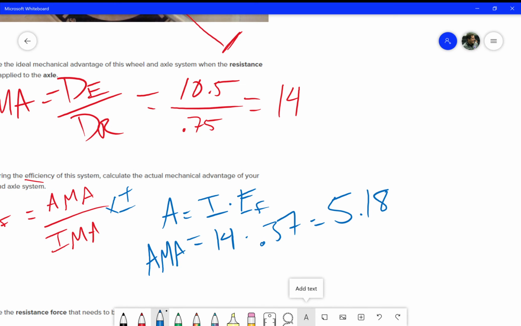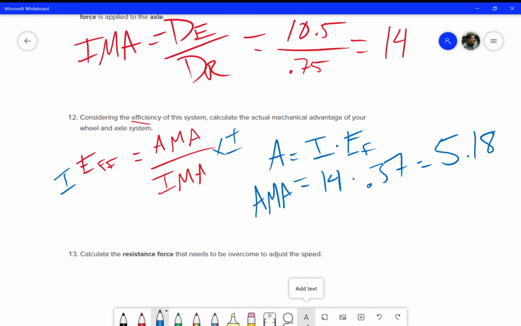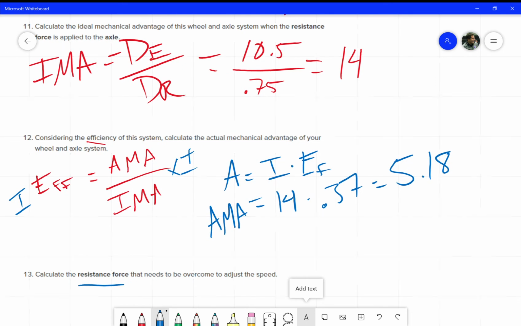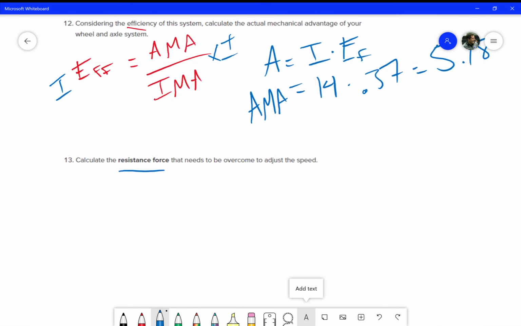Okay? All right, finally, it asks about the resistance force. So what's the actual resistance force? How much force is actually needed to turn that knob there if you had to turn it at that point on the axle? All right, so we are going to do our AMA equation. Oops, that should be an AMA.